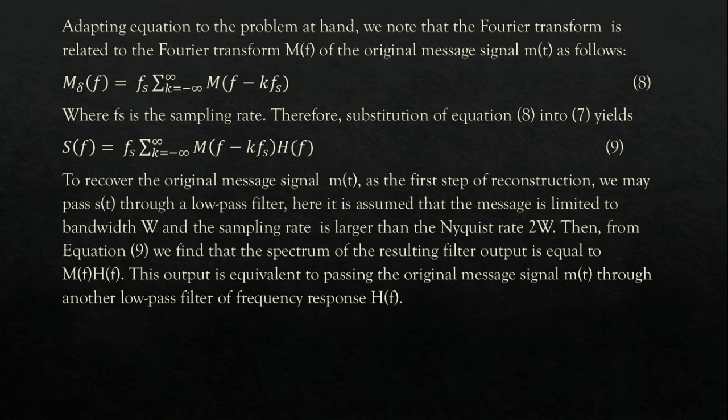Here it is assumed that the message is limited to bandwidth W and the sampling rate fs is larger than the Nyquist rate 2W. Then from equation 9, we find that the spectrum of the resulting filter output is equal to M of f H of f. This output is equivalent to passing the original message signal m of t through another low pass filter of frequency response H of f.